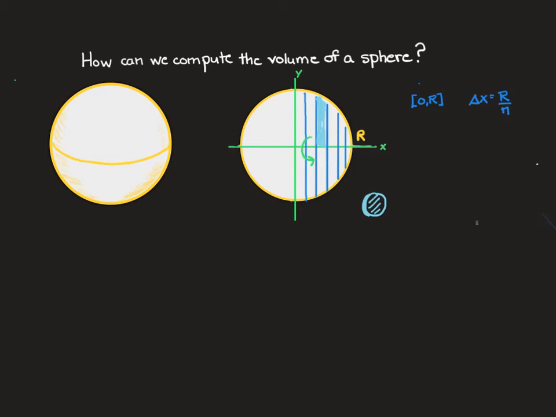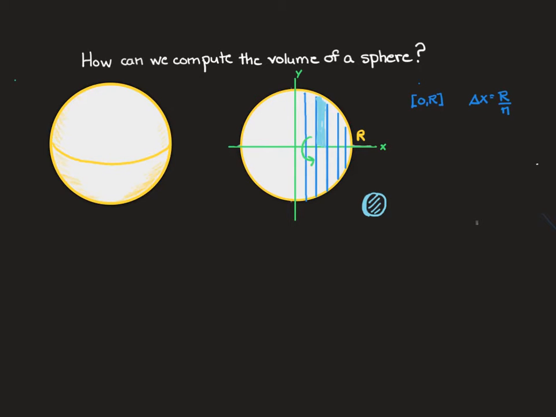And if I find its area, multiply by delta x to get the volume of this disc, and then sum these up, just in this top quarter circle, I'm going to get the volume of the sphere. Well, actually, of a hemisphere. And I'll double it to get the other side.